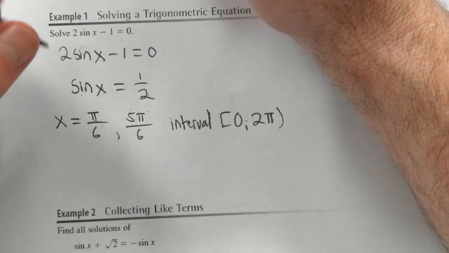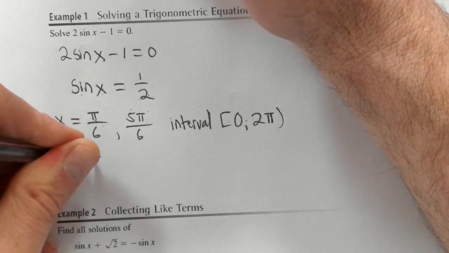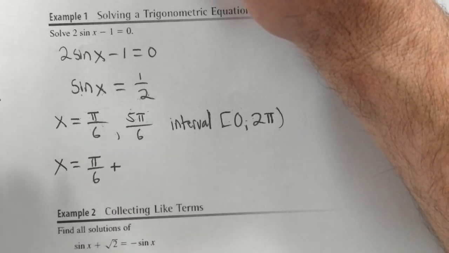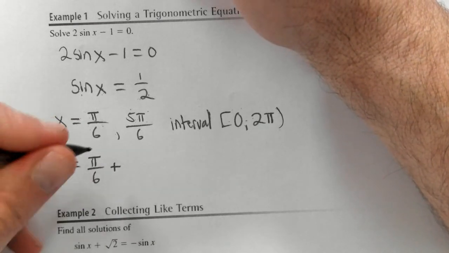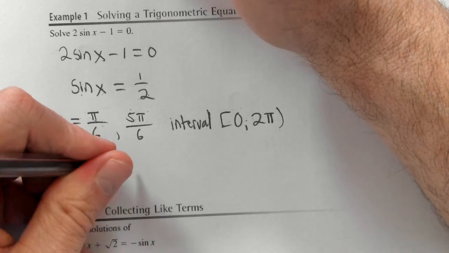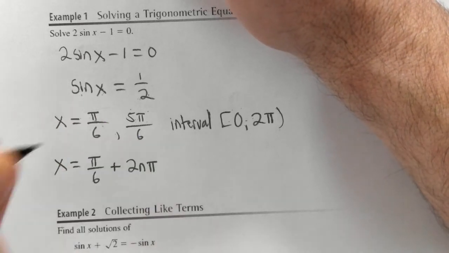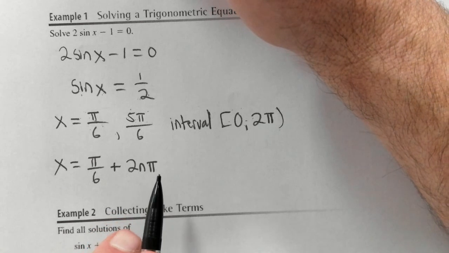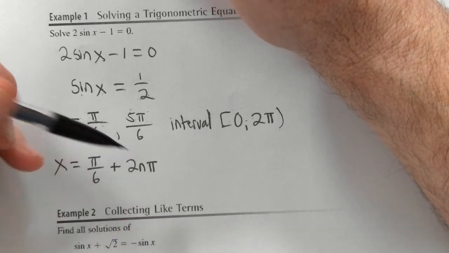So if I really wanted to write out the general solution for all infinitely many answers, you might be asking, well, how can I do that? This is how. I can take x equals pi over 6, and anytime I add a multiple of 2 pi to this, that's a valid solution. I express that as 2n pi. So anytime I put in a 1, a 2, a 3, or a 4 for n, that would come up with another valid solution.